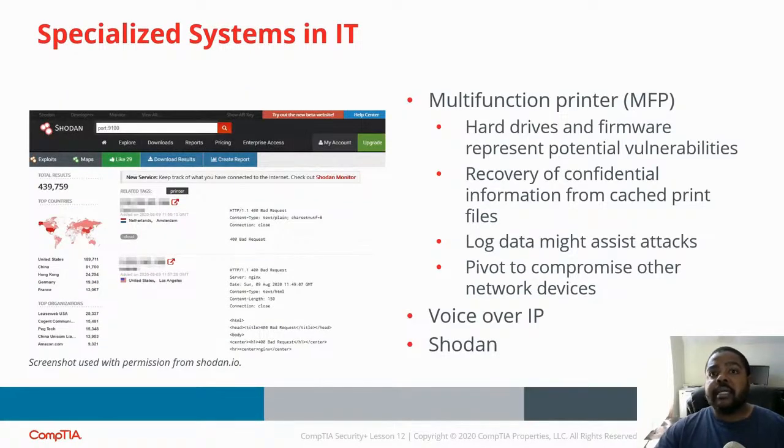Other endpoints that we may have are different types of products that we need to do business. I talked a little bit about how car dealerships had old printers that needed to print on old carbon paper, and those printers, nine times out of ten, are sitting on the network.